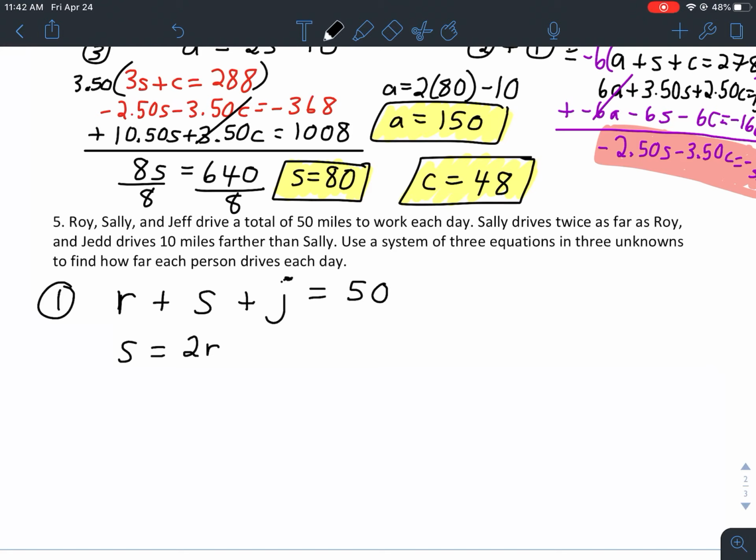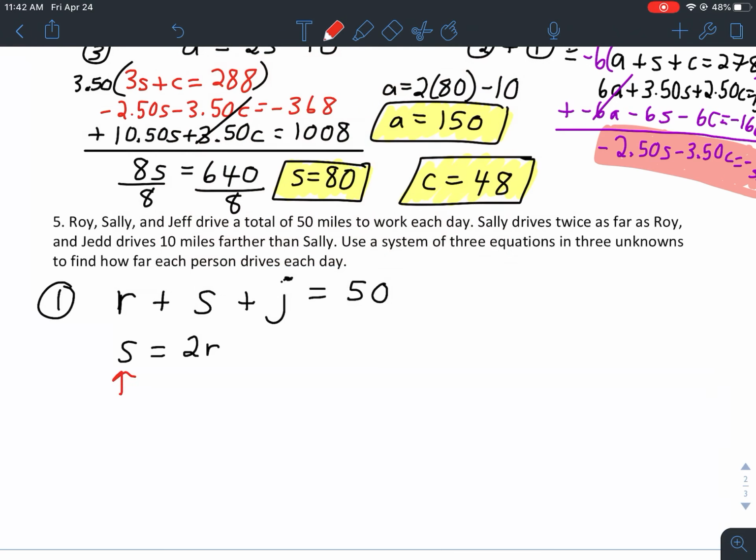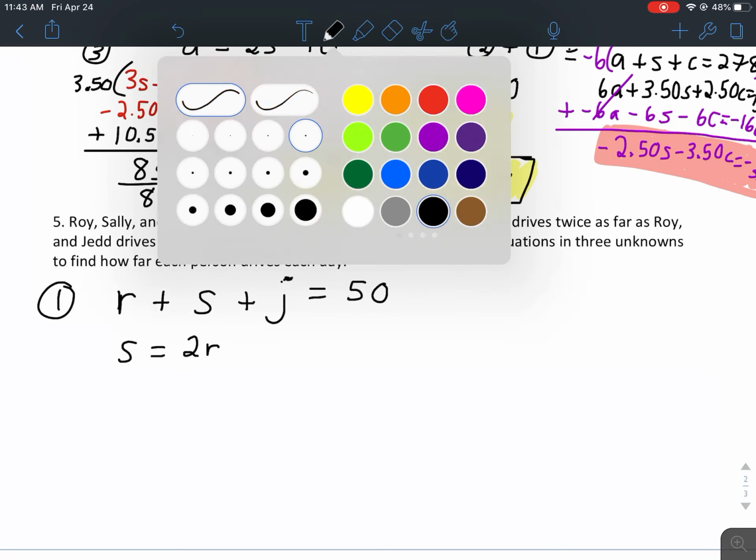Why it's S equals 2R and not R equals 2S is because if Sally is driving twice as far as Roy, let's say Sally drives 20 miles. In order for these two to be equal, if she's driving twice as far as Roy, that means Roy would drive 10 miles. And the only way that these two could be equal to each other is if we multiply Roy's miles times 2. So that's why that equation works there.